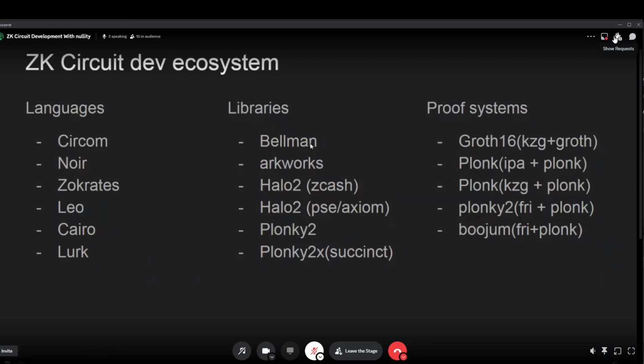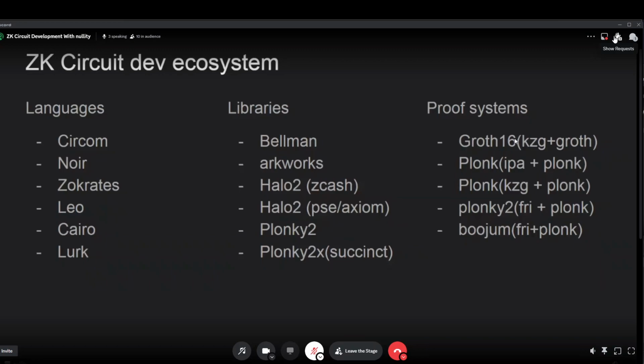Then you have libraries, the famous Bellman library, Arkworks, and all these libraries, which you could use to write circuits and prove to people whatever you want. And proof systems. As I said, we just used Plonk.